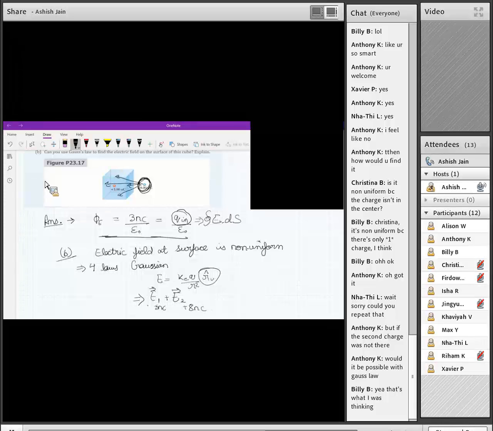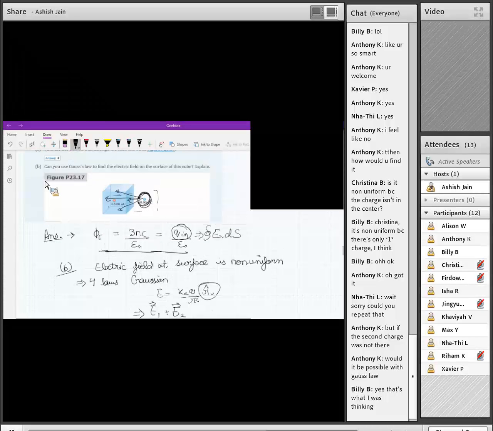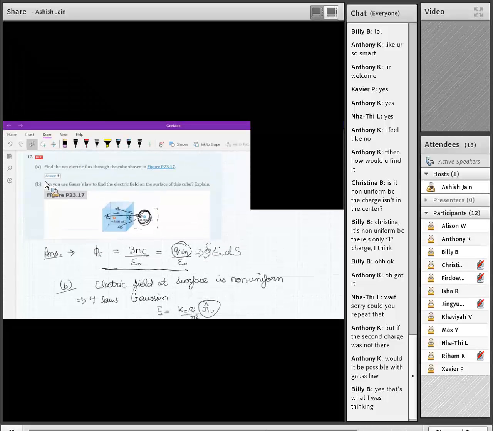This is how you do it, but Gauss law is not applicable, because if you make any surface across these, it won't follow one of the rules, because there is a cube involved here. If these charges were in free space, then you could apply Gauss law. You can consider a big fat sphere.